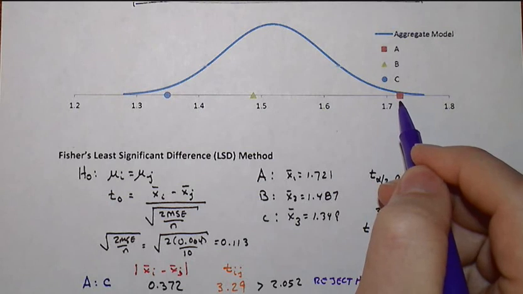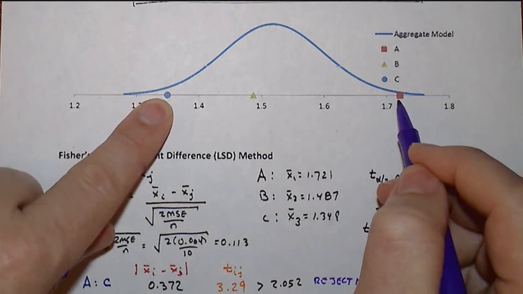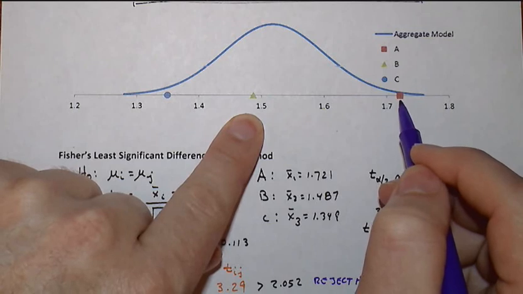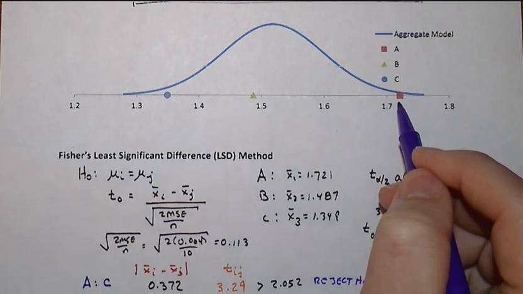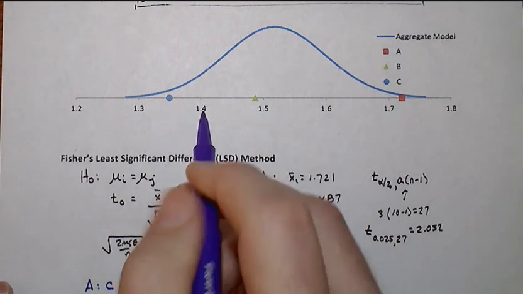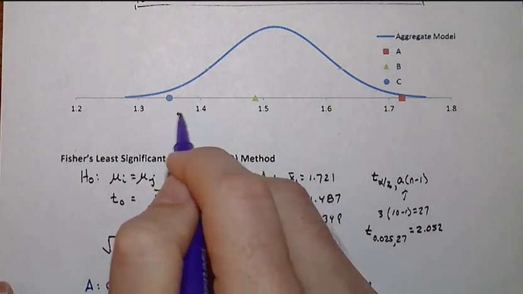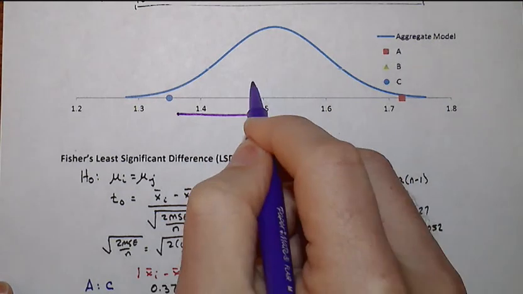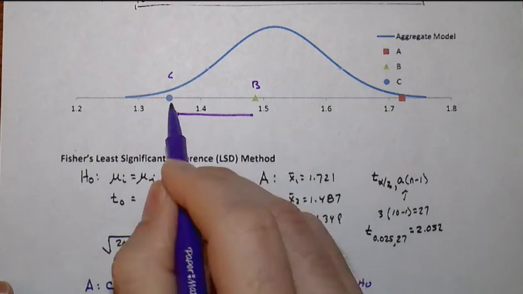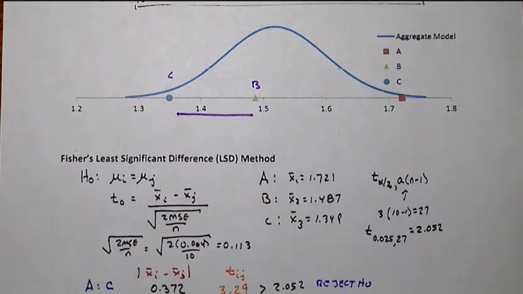We're going to reject A compared to C; those two are not the same. And at the 5% significance level, these two are not the same either. The only two that we don't have evidence are different are B and C. And that's another thing that people will do, draw a line between those two points to indicate that testing at this 5% level says those are about the same.